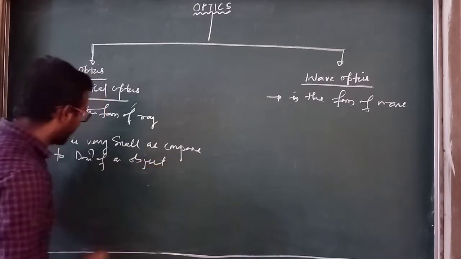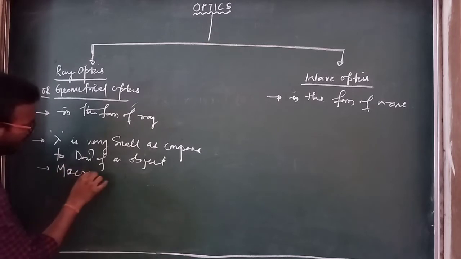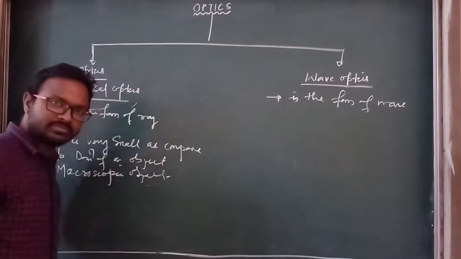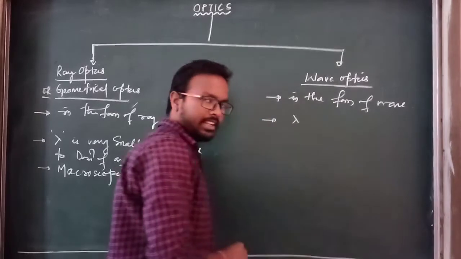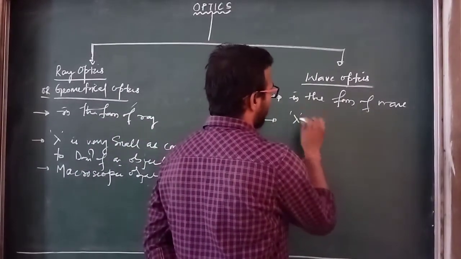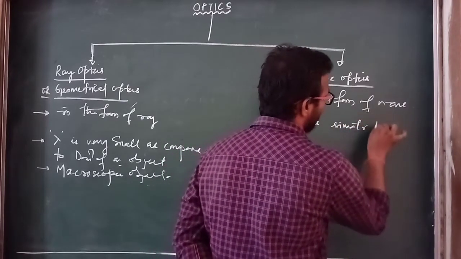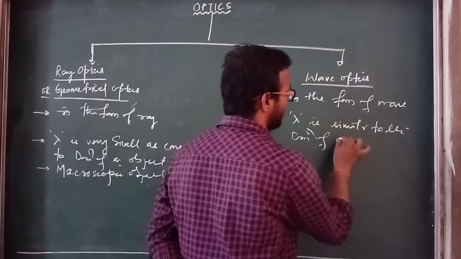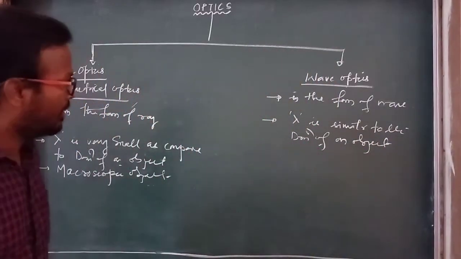That means we deal with macroscopic objects. Clear? But in wave optics, the wavelength of light, lambda, is similar to the dimension of an object. Clear?